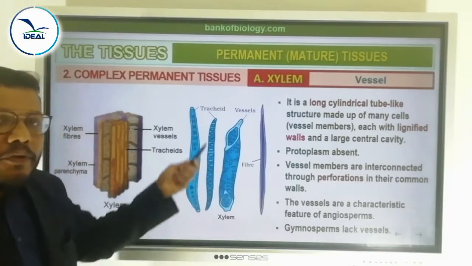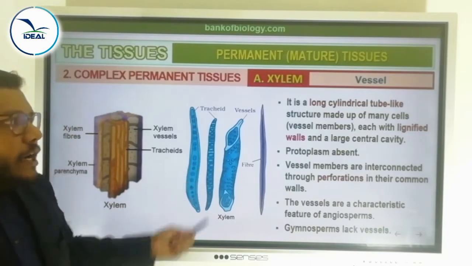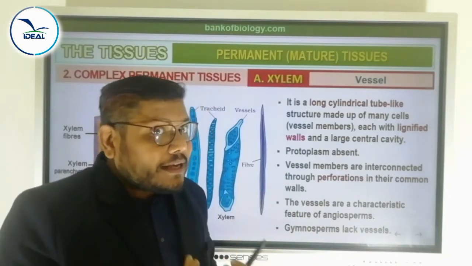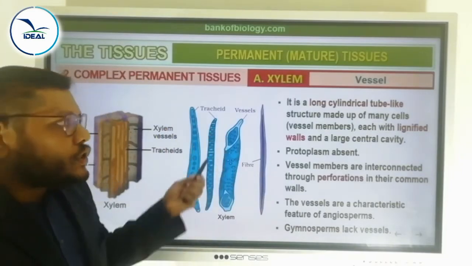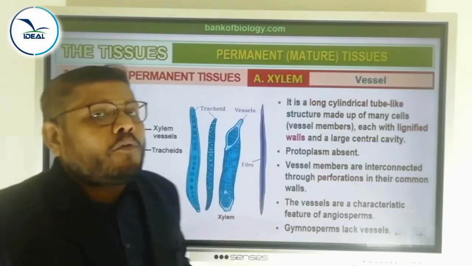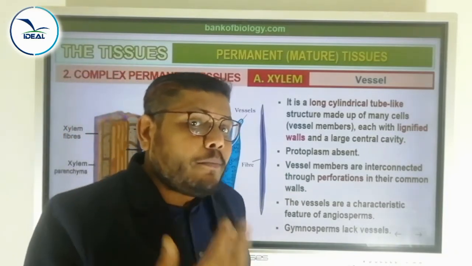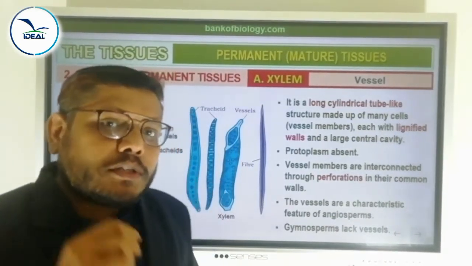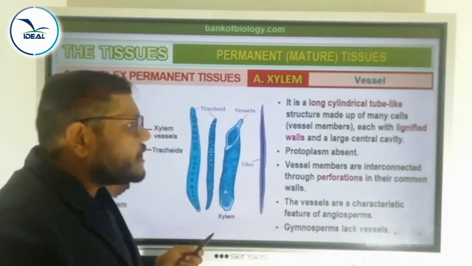These are the vessels. If you consider the vessels, we can see that these are long cylindrical tube-like structures made up of many dead cells. Here also the cell walls are thickened due to the deposition of lignin, and they contain a large central cavity. These vessels are also dead cells, and their cell wall is lignified.